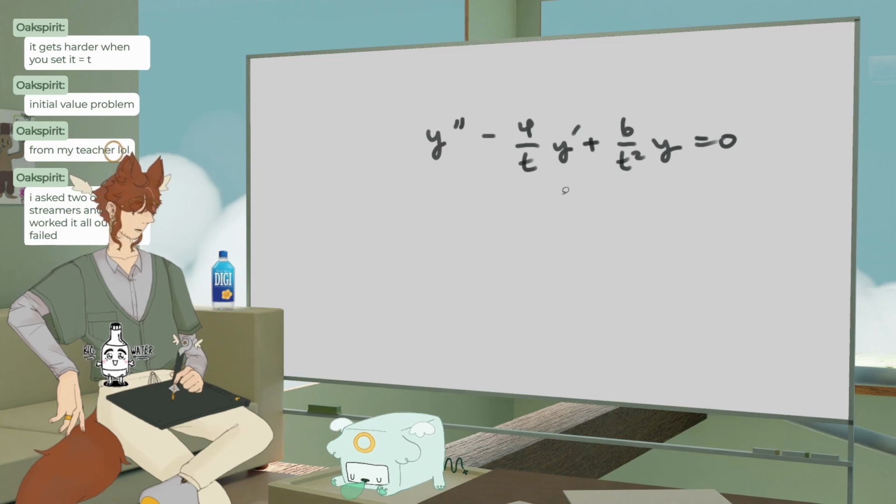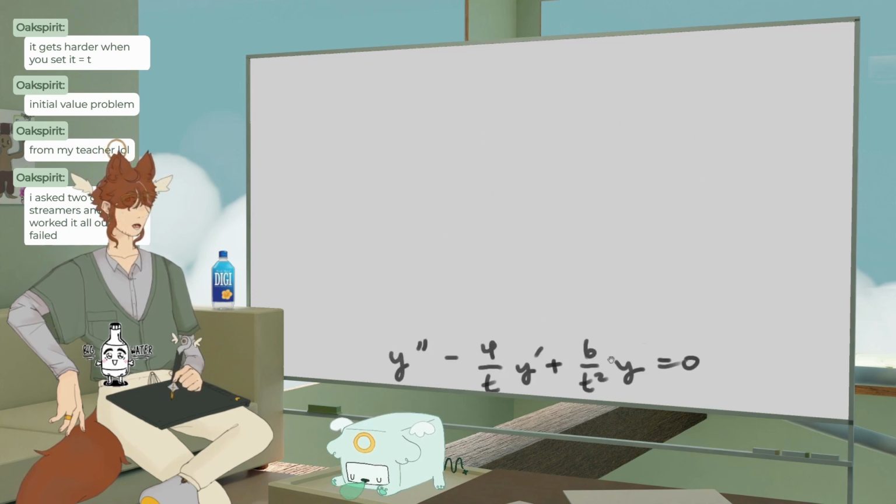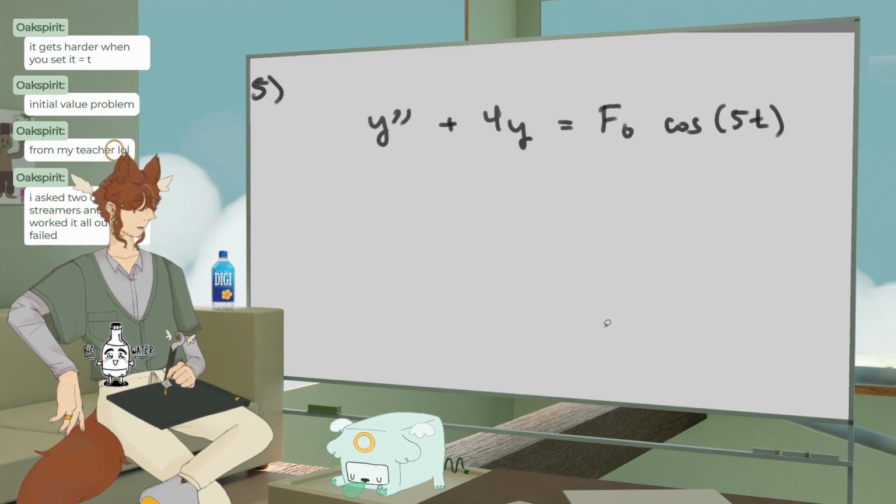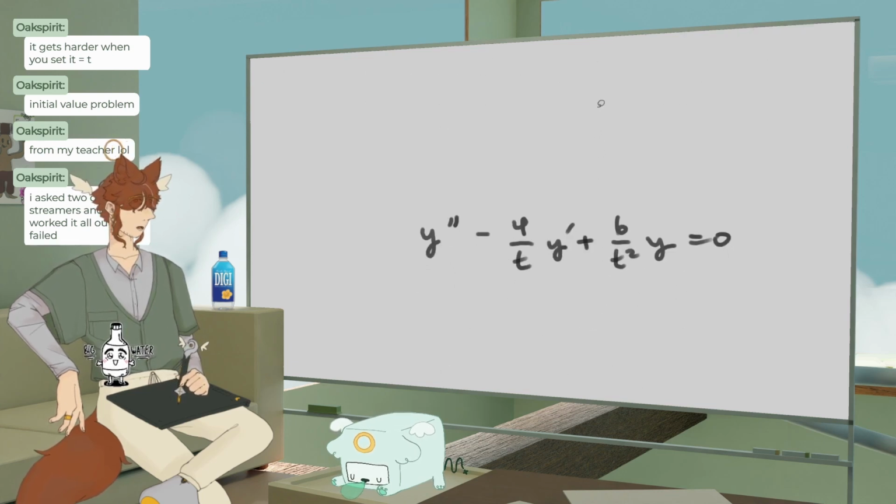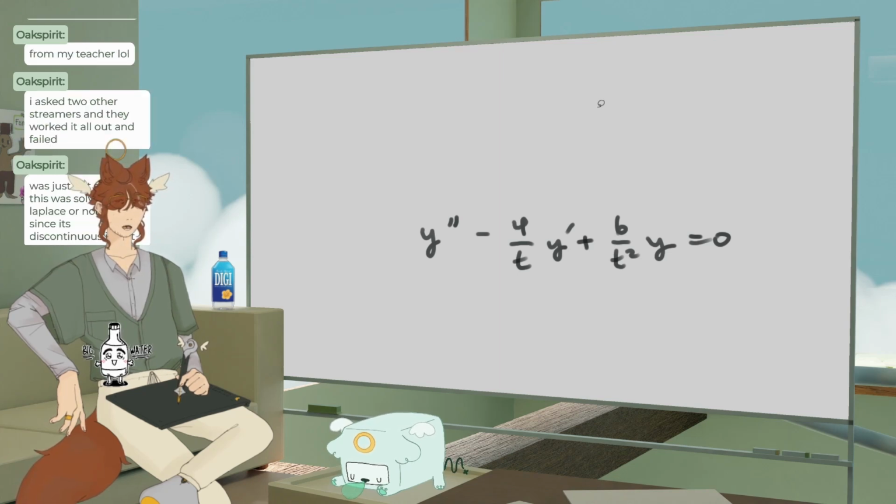I don't do a lot of differential equations that are not essentially spring mass, because a lot of the things that you do in physics are acceleration and velocity and position. So I have a very low chance of being able to do this. What I will say that maybe the other streamers would not tell you, they might, I don't know, is there's a chance that this is a very special form.